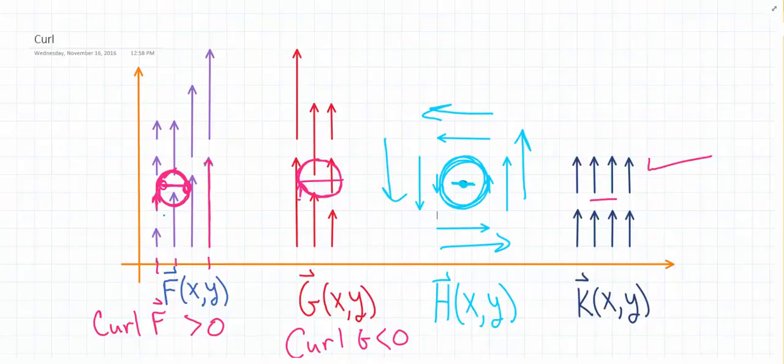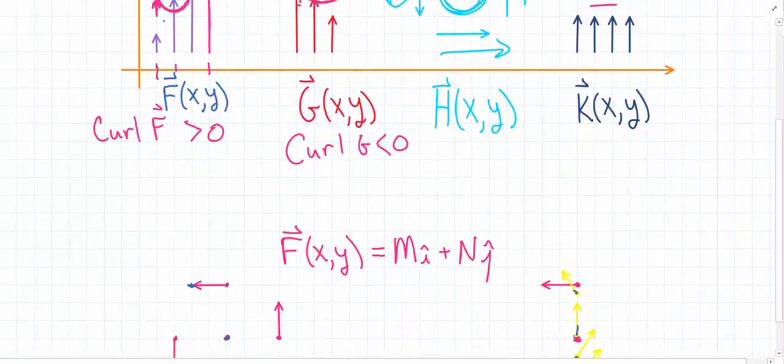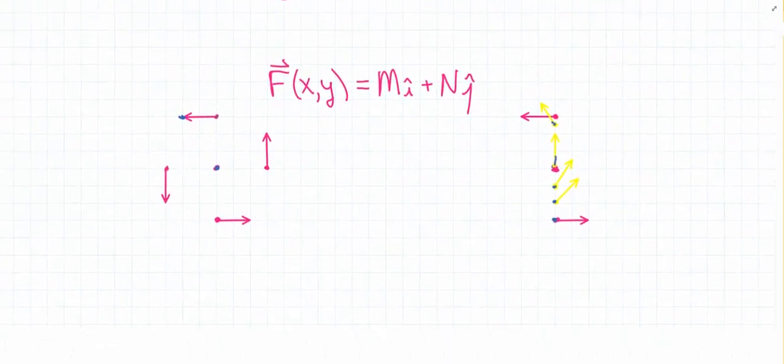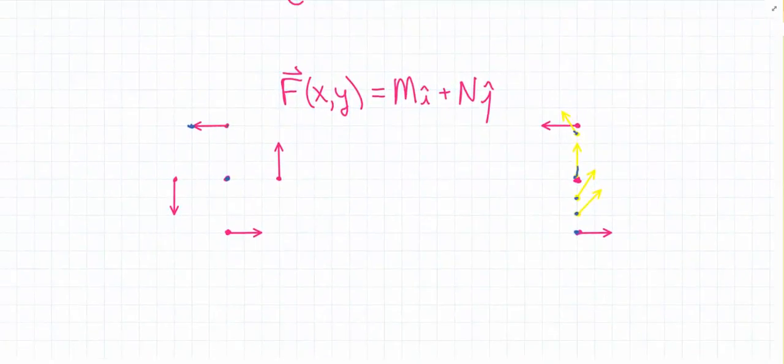Now, what I want to do is explore that particular type of graph. I've got this vector field that I'm calling F of x, y, and it's just the general vector field, m i plus n j. Let's suppose that I've got this point in here, and I've got vectors going to the right, up, to the left, and down.